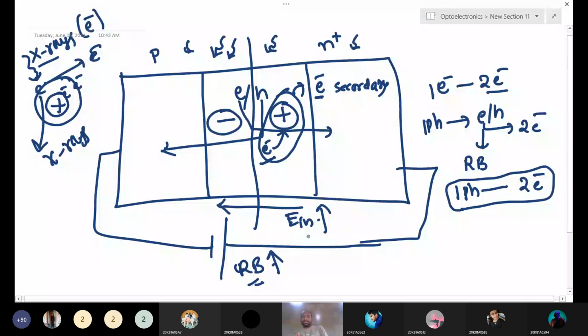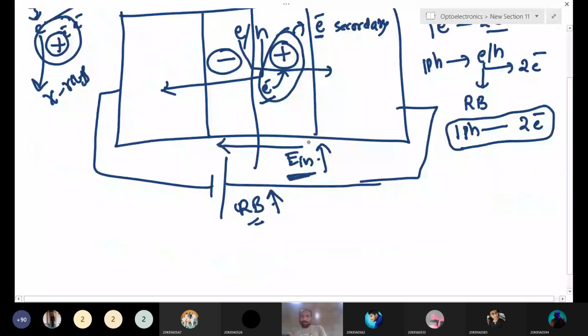So the main concept of this photodiode is that light intensity is low, so we can create only a small number of electron-hole pairs, and so our response is very small. To rectify this problem, we apply a high reverse bias voltage.